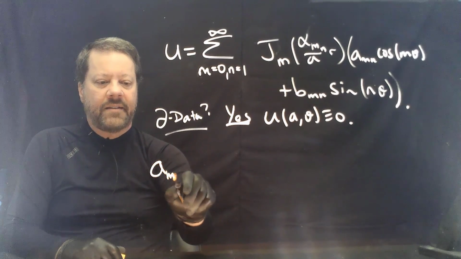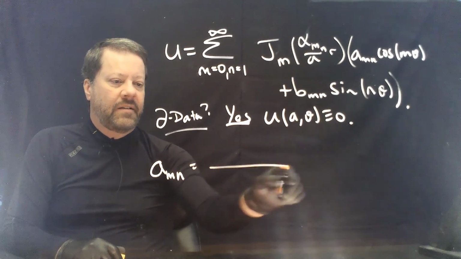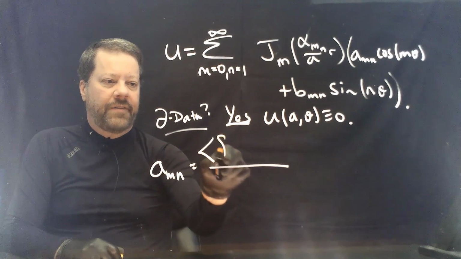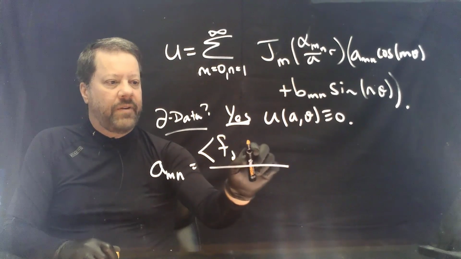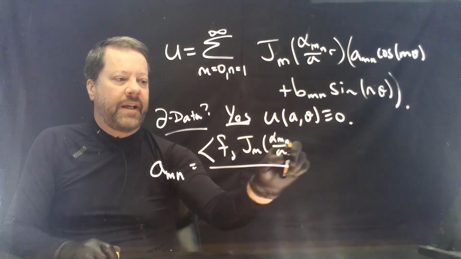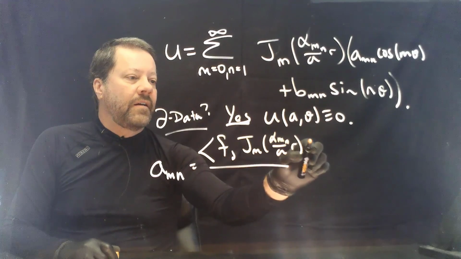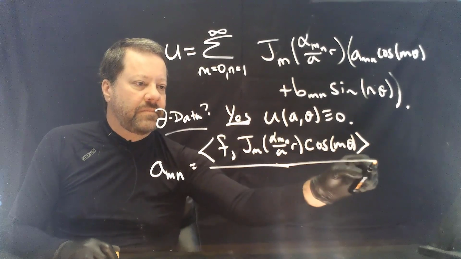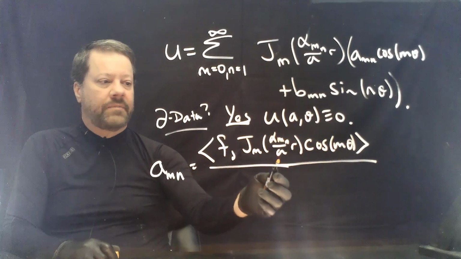It turns out we'll have the inner product of the function f with terms of the form J_m of alpha_mn over a r cosine of m theta. A word about the integral.